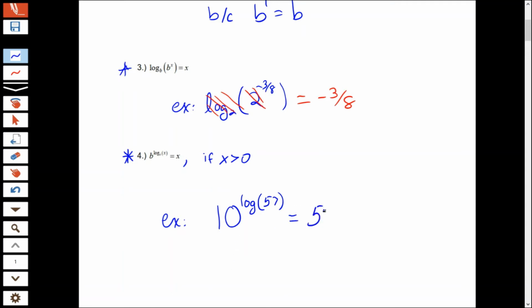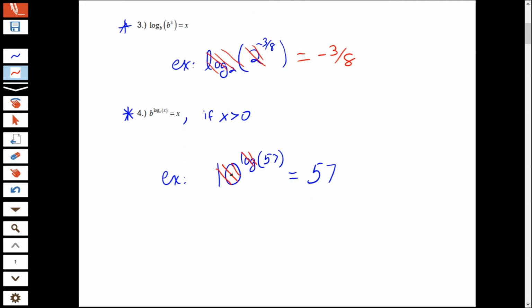Obviously, you're going to get 57. Because the log equals the exponent that turns 10 into 57, and then you raise it, okay? Now the other way to think about this is that these are inverses. 10 raised to a power and log base 10 are inverse operations, and they cancel, giving you just 57. Of course, that's as long as 57 is greater than 0. Okay, so those are two important properties.